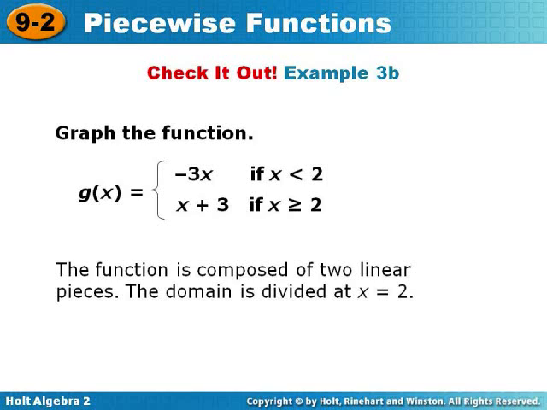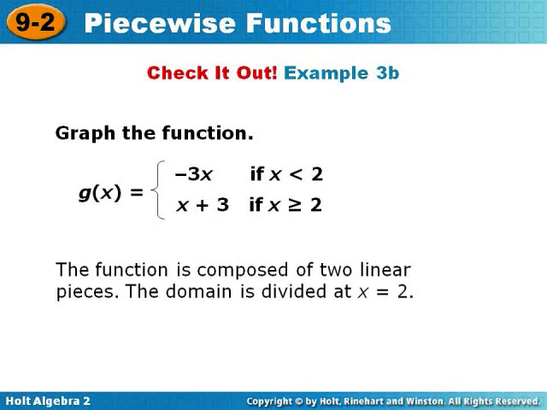The second one is x plus 3. The intercept is 3. The slope is 1. So you would start at 3. Then you would go up 1 over 1 and draw your second point. Use a ruler to draw your line. And you would only show the part of the line where x is greater than or equal to 2.